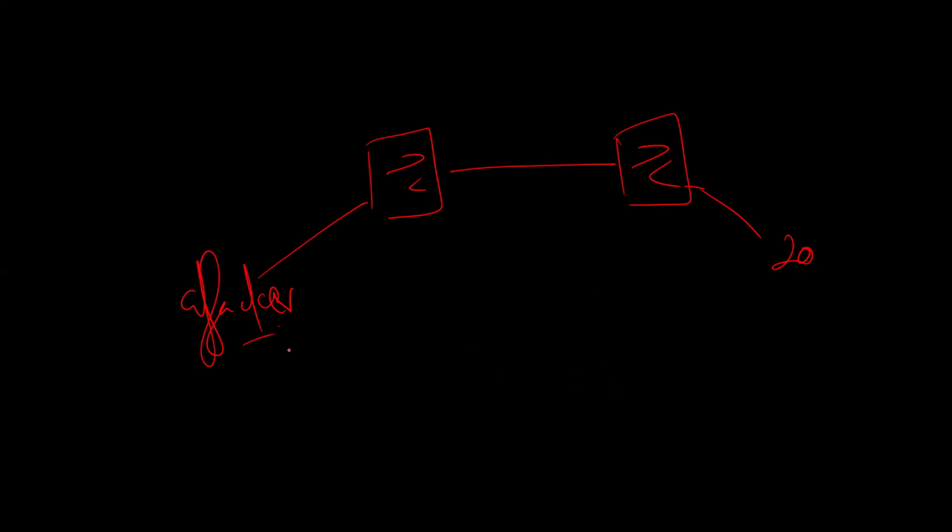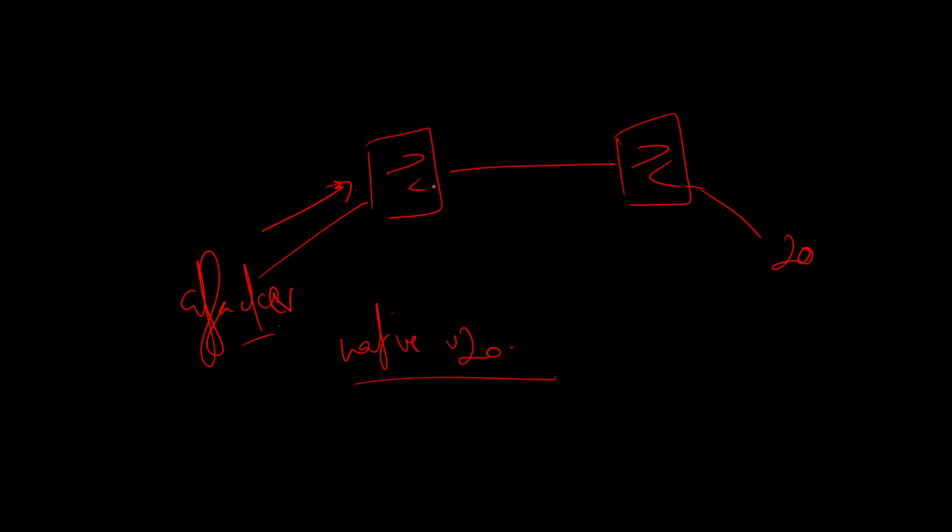The attacker creates a frame that has two tags. It has a tag on the outside, the native VLAN tag, and on the inside the VLAN 20 tag, the VLAN they want to reach.